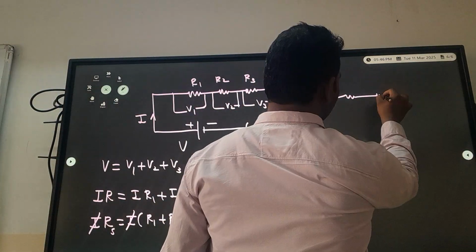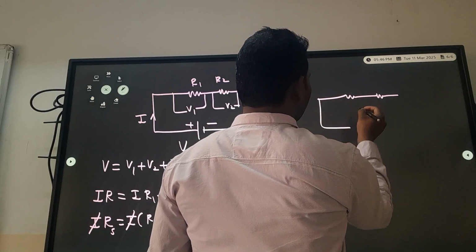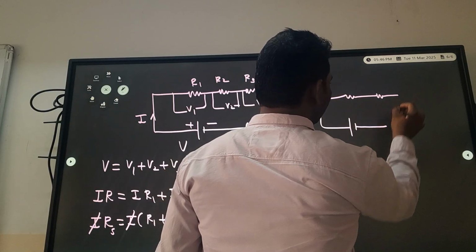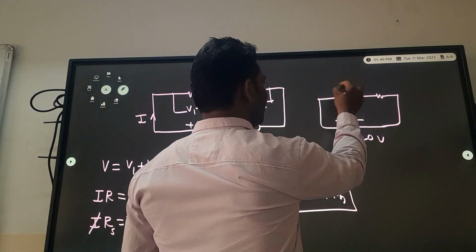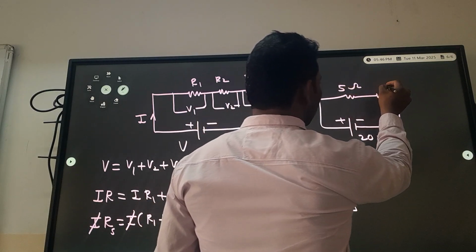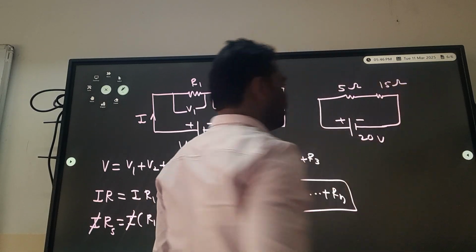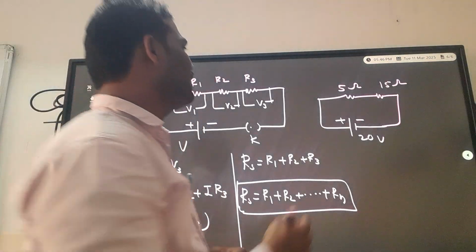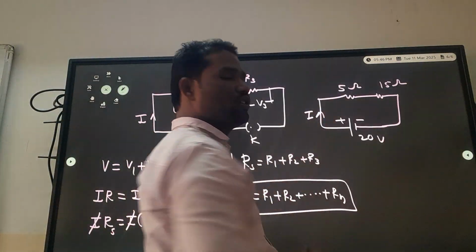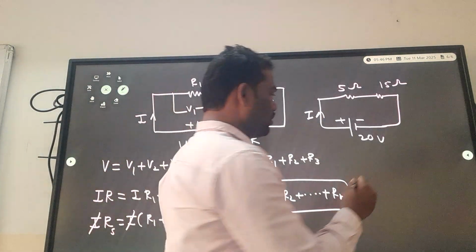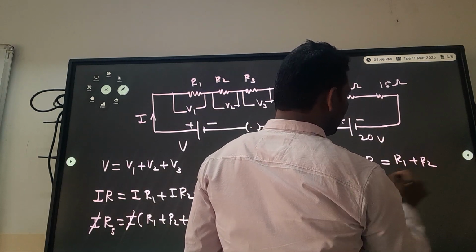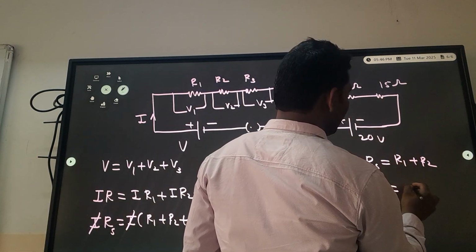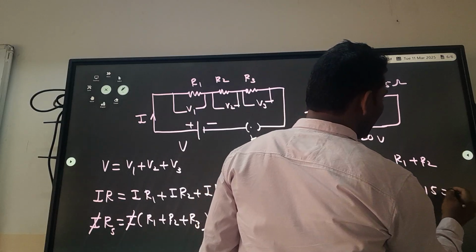If we have two resistors with a battery voltage of 20 volt, and one resistance is 5 ohm and another one is 15 ohm, then what is the value of the electric current passing through the circuit? As we have the formula, total resistance for the series combination is R1 plus R2, simply addition: 5 plus 15, which is equal to 20 ohm.